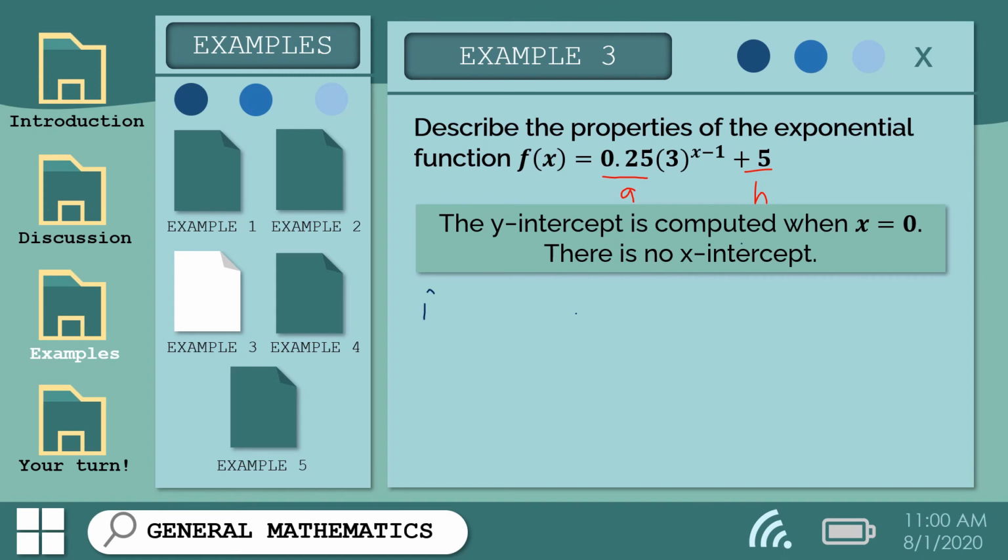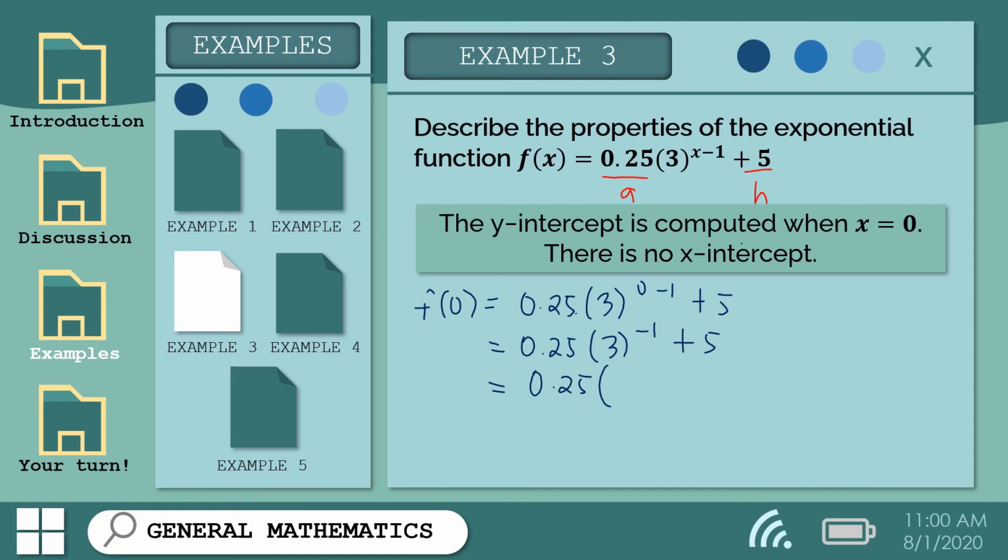Okay? So, we have f of 0. Substitute, we have 0.25 times 3 raised to 0 minus 1 plus 5. 0 minus 1 is negative 1, plus 5. And that will give us 0.25 times 3 raised to negative 1, which is 1/3, plus 5.